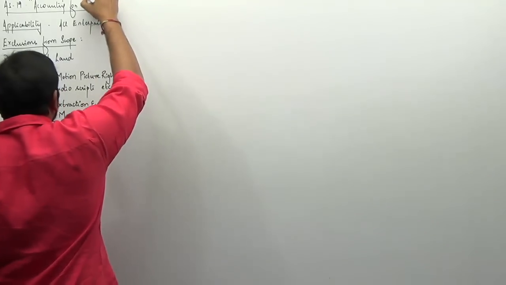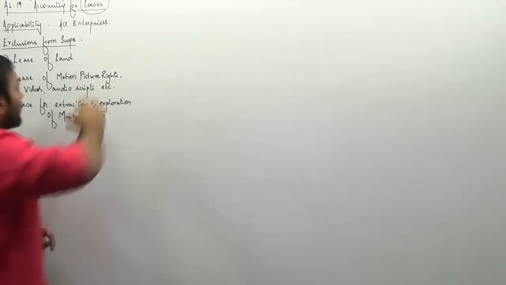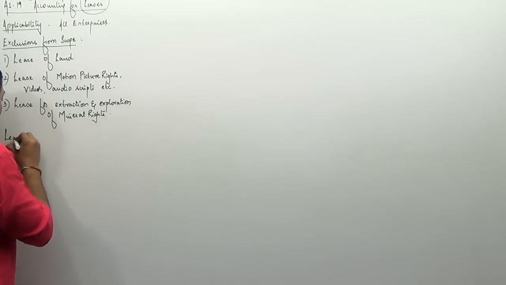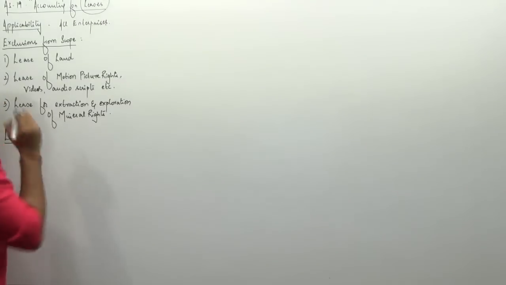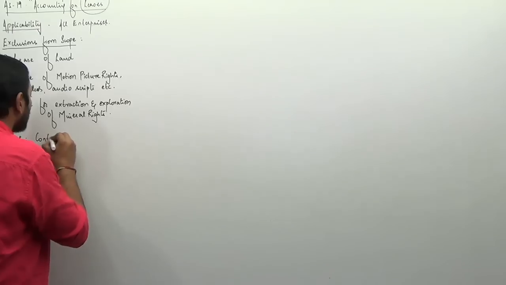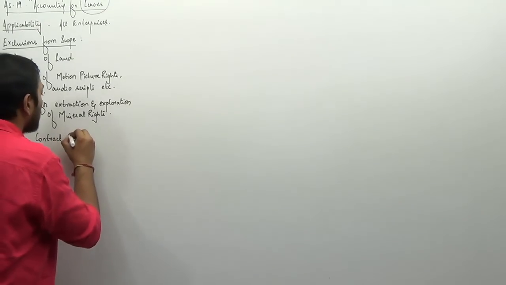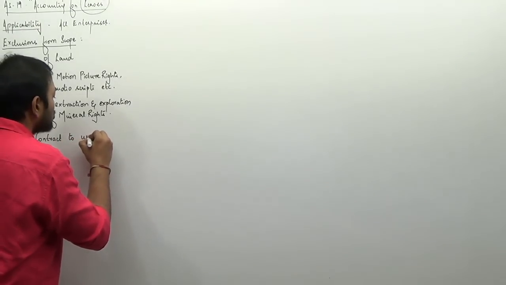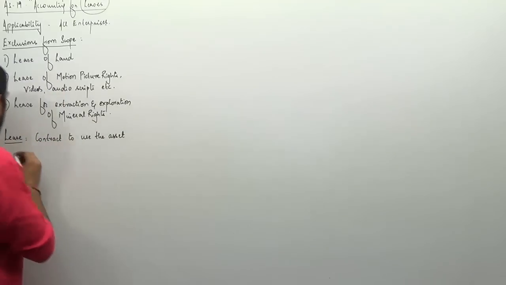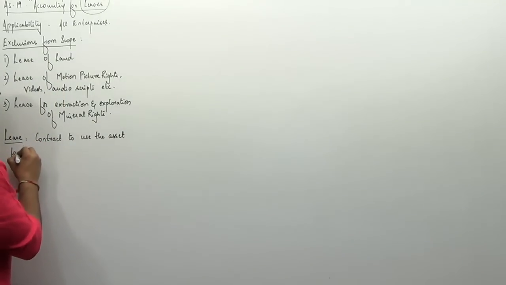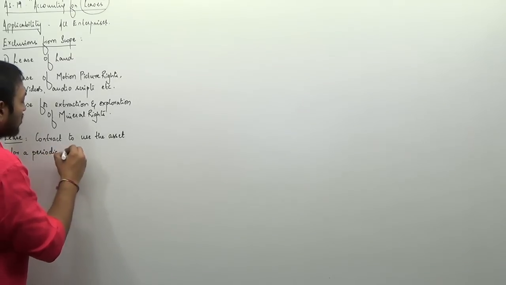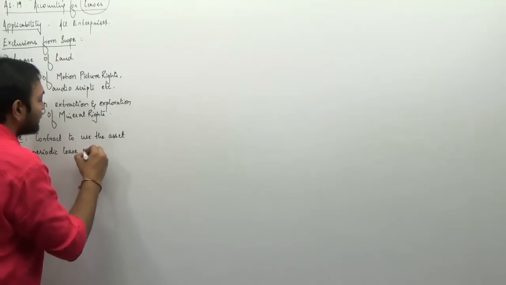First, let's understand what is this term lease. What do you understand by the term lease? Lease is an agreement or a contract to use the asset for periodic lease payments.